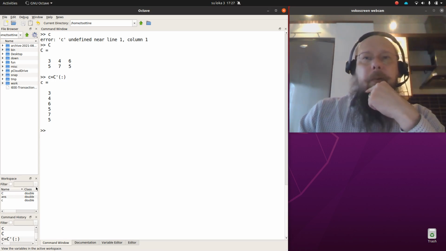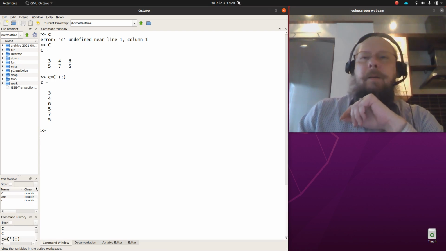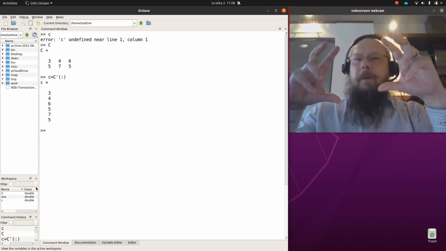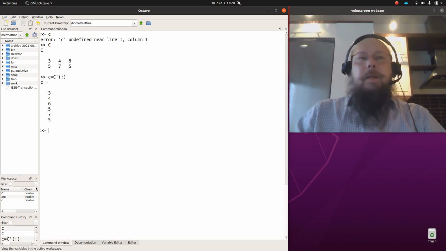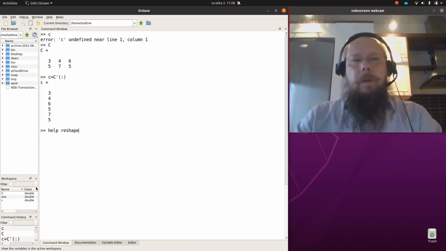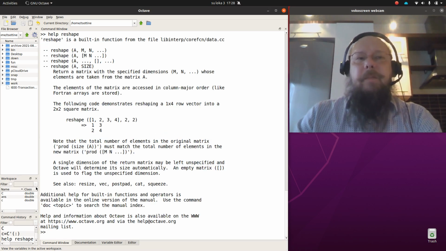So now we want to actually fold it back, if this is again the correct English word. So if we unfold a matrix to a vector, then we want to fold back, or actually this is what is called reshaping. So you should look at the reshape help. What does this mean?